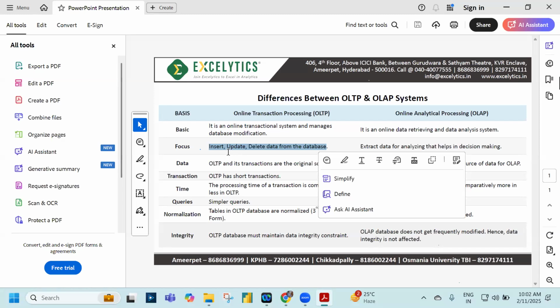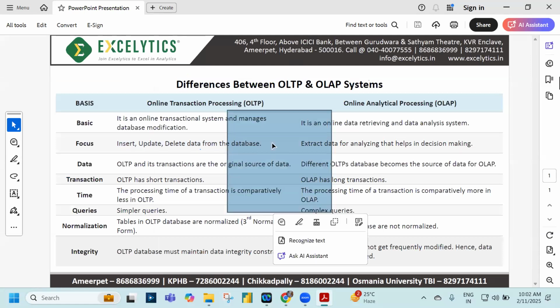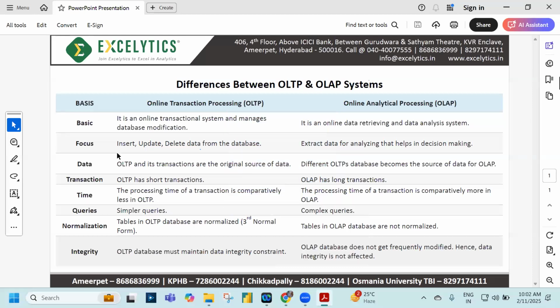Understood? The billing counter is the best example. Or an ATM machine. You know the full form of ATM, right? Automated teller machine, or any time money. Apollo also came up with one idea, ATM, any time medicine.